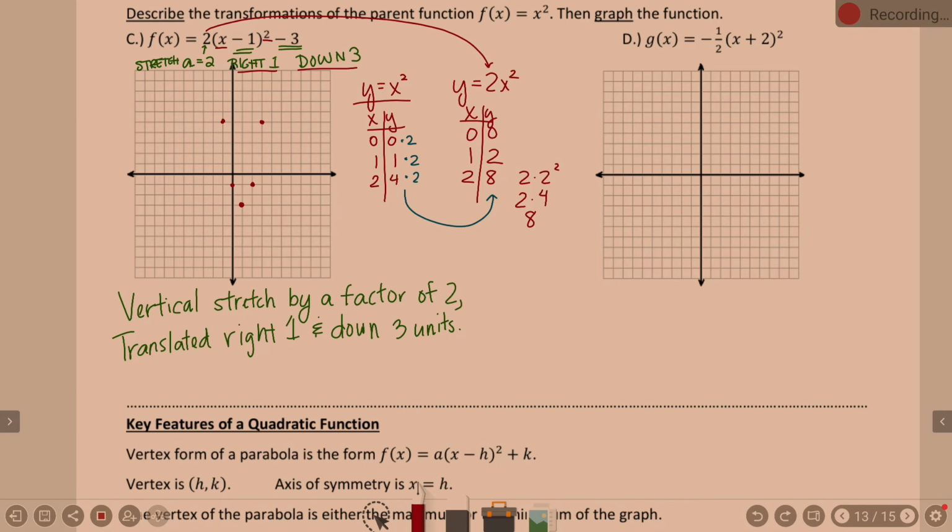And on this one, it would have been 2 times 1 squared. So 2 times 1. Okay, guys. Again, it gets harder when they're stretched, but try and make it look U-like and not V-like.